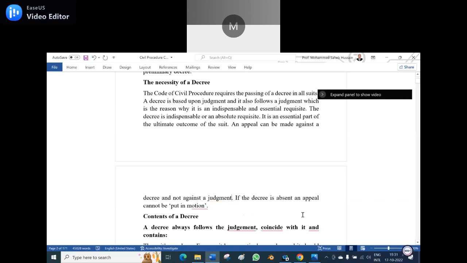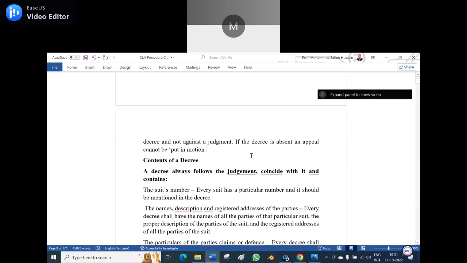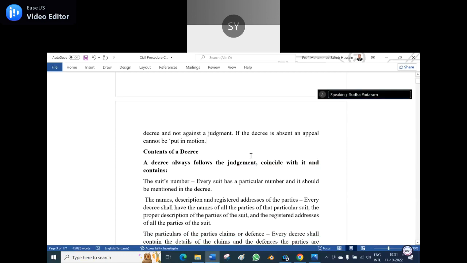If the decree is absent, an appeal cannot be put in motion, because decree is indispensable for the judgment. Is it clear? One cannot appeal on the judgment, but one can appeal on the decree. Good.